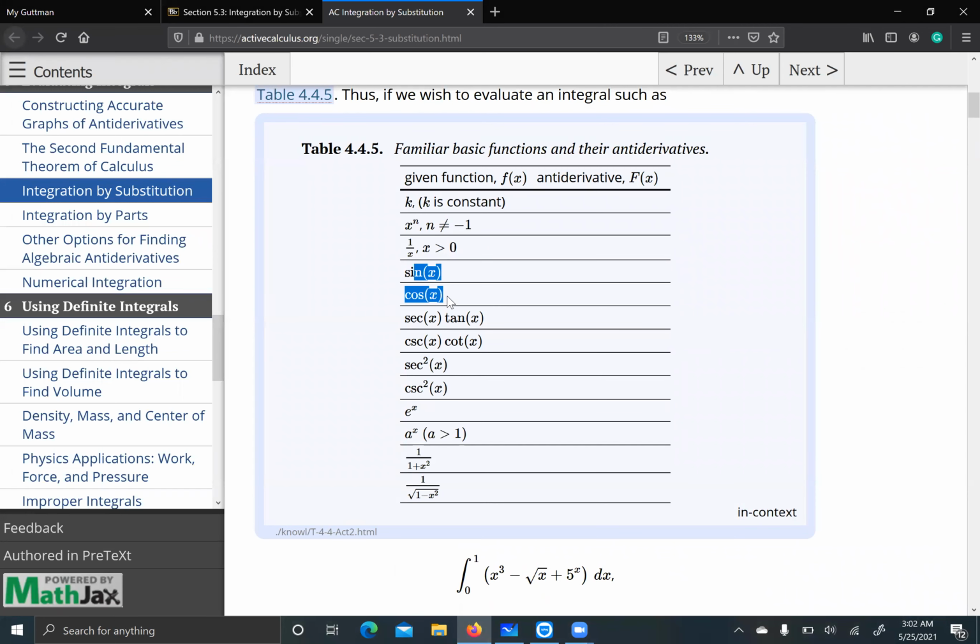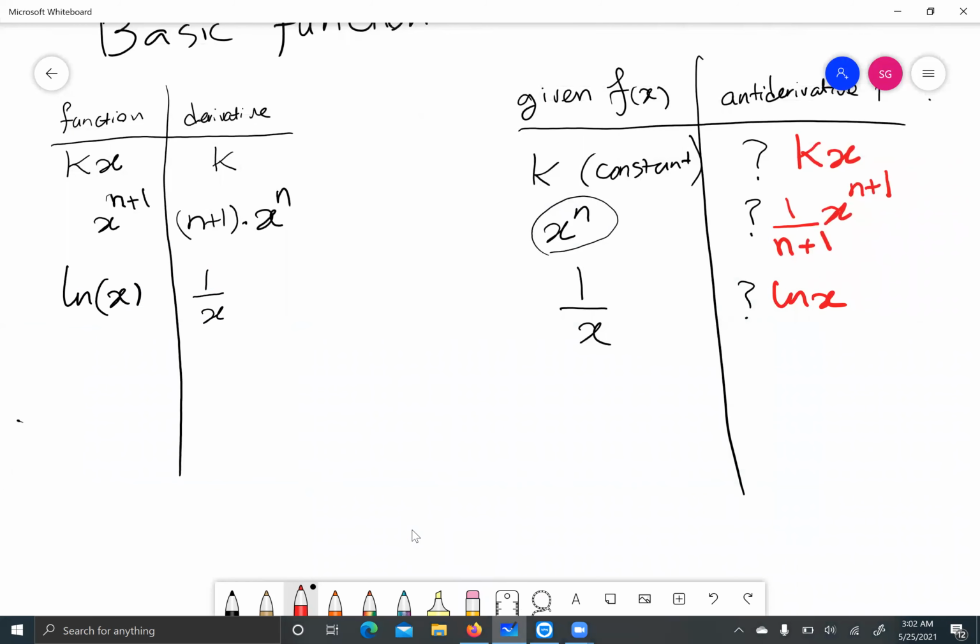Now let's go to sine and cosine functions. Let's start with sine. The question is, if the function is sine of x, what is the antiderivative? Let's think about it in terms of derivatives. The derivative is sine, so the function was cosine, but recall that for sine and cosine, they are derivatives of each other.